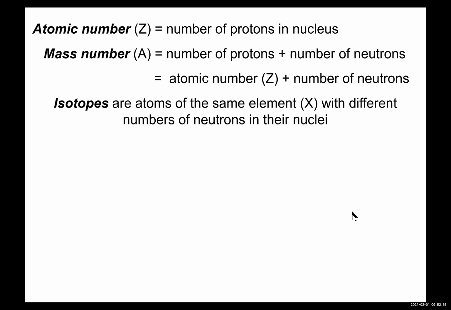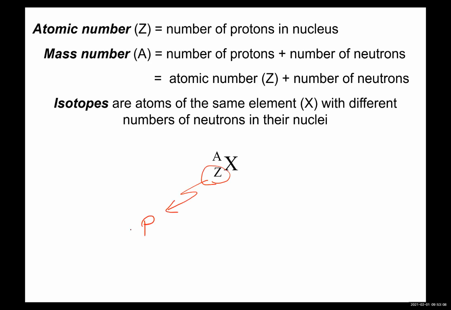We also said atoms of the same element can be different atoms, which differ only by the number of neutrons. So we call them isotopes. When we are showing the notation for a specific isotope, we show the atomic number on the bottom left.